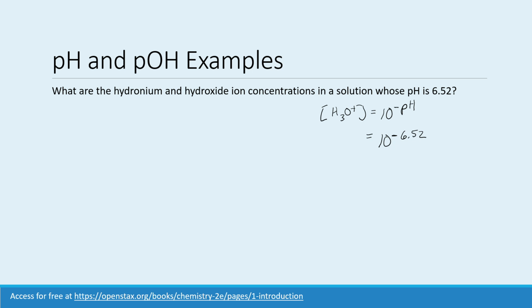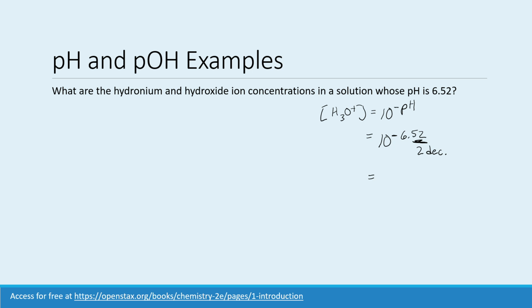6.52. Now we're doing the opposite here, right? We're doing the anti-log. So the number of digits after the decimal in pH and pOH values, that's only 2 decimal places. And so that tells us that our hydronium ion concentration needs to be 2 significant figures. And so of course we want to plug this into the calculator to get a number back.